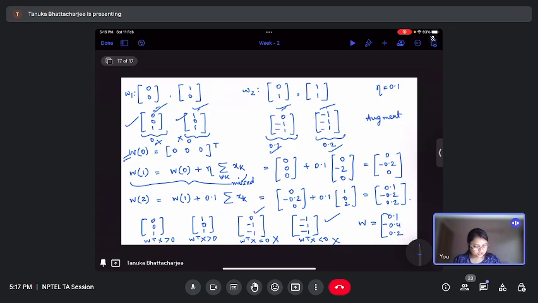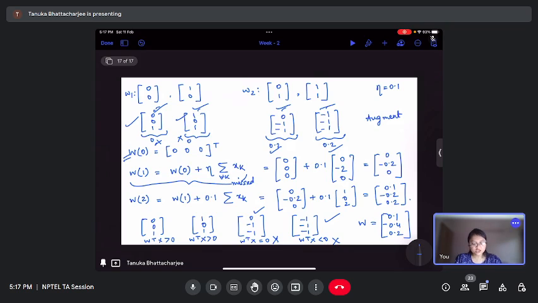You can simply try a few more iterations. Every time you classify all the samples with your current estimate of W, and whichever are not giving W transpose X greater than 0, you consider those as missed ones, and you add those up and add to the current estimate of the weight vector to get the new estimate.